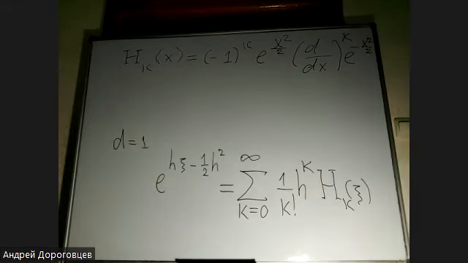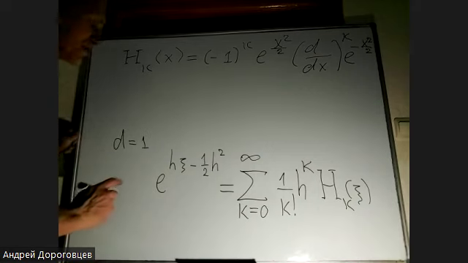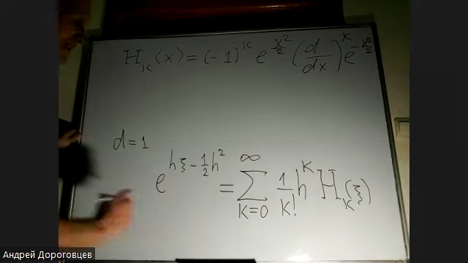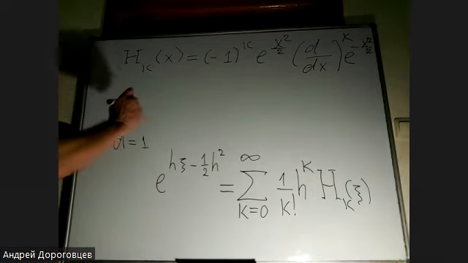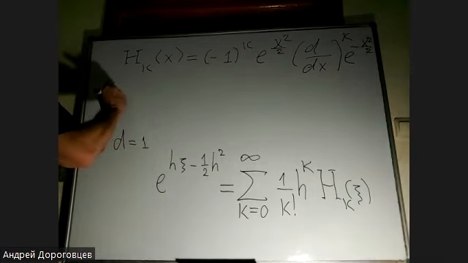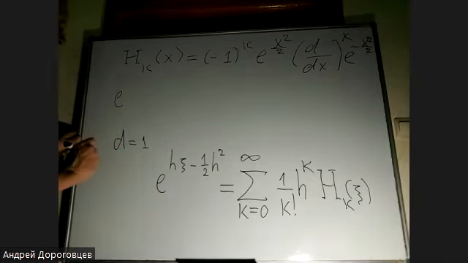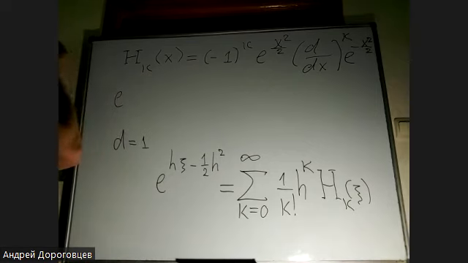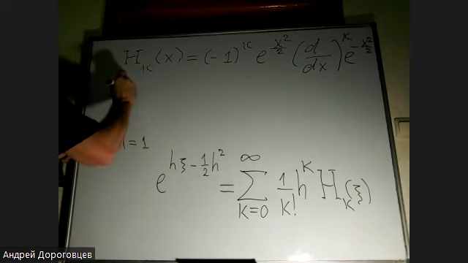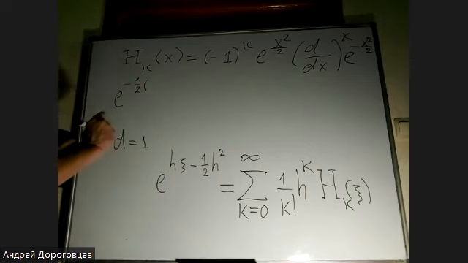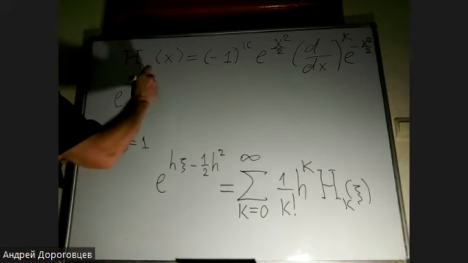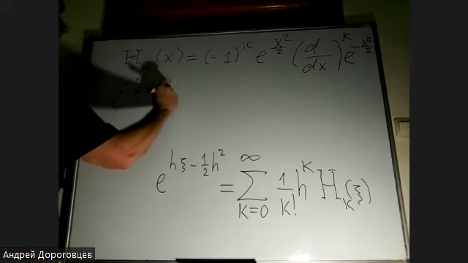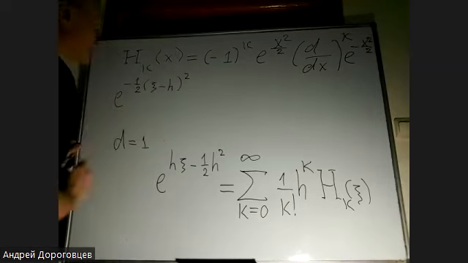To do this, it is convenient, instead of this expression, to work with the following exponent: e to the minus 1/2 of psi minus h squared.